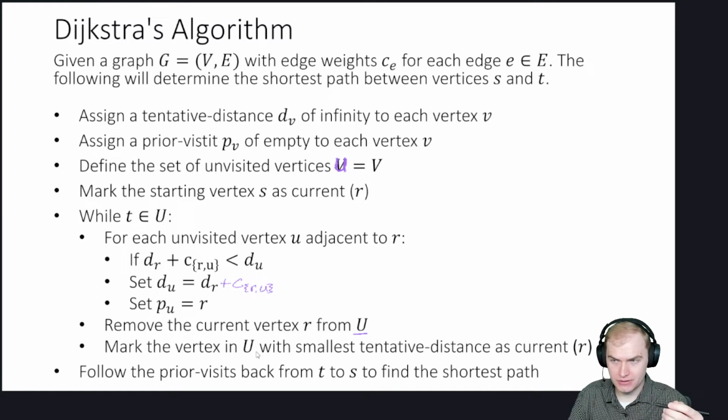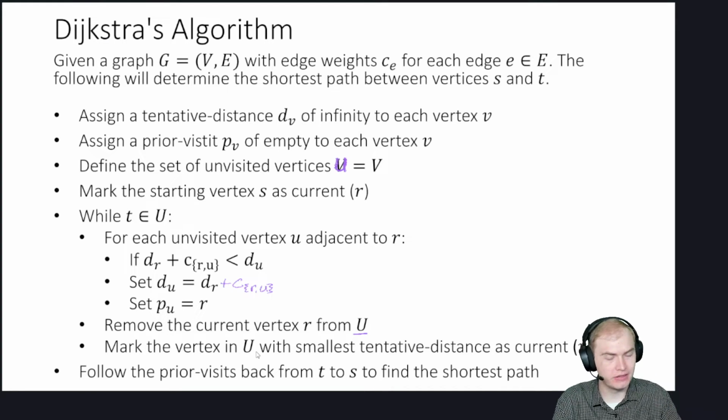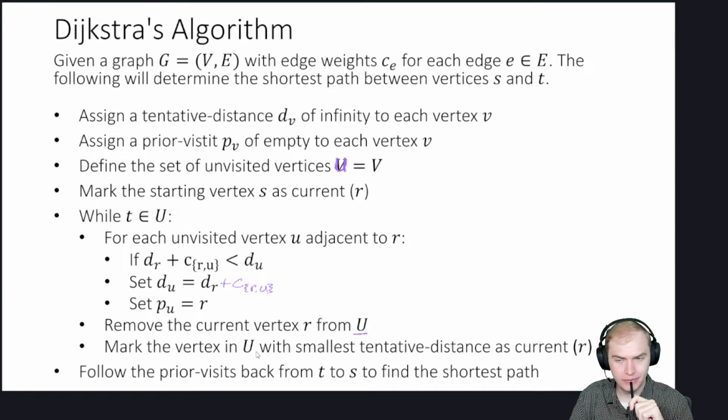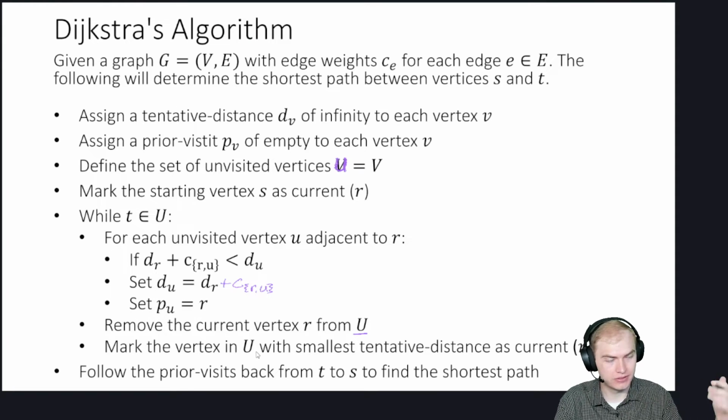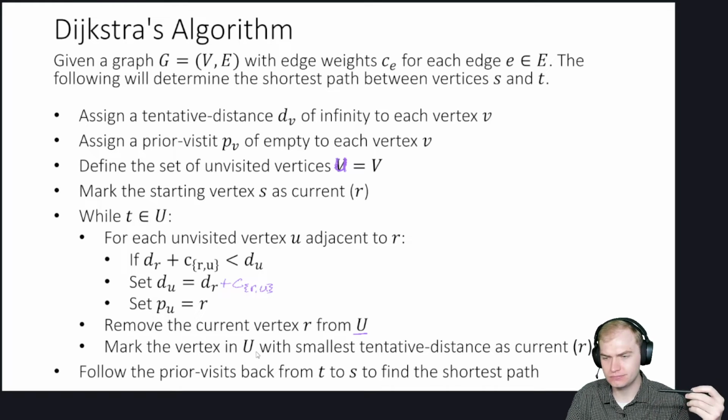Once we find an iteration where T has been visited and is no longer in the unvisited set, we're done. We terminate our while loop, and then we follow the prior visit set back from T to S to find the shortest path.